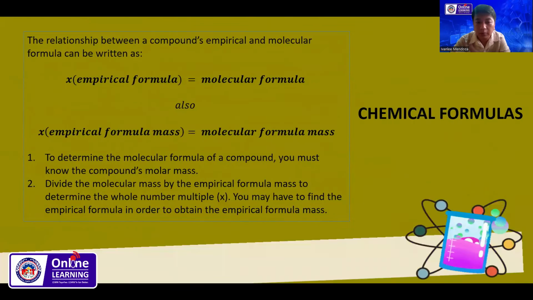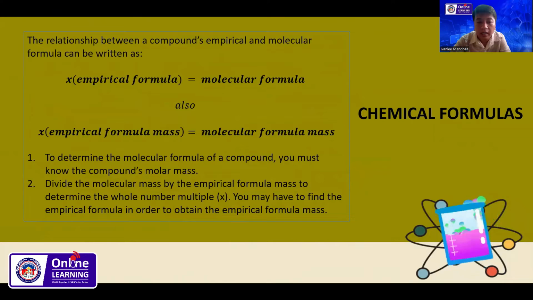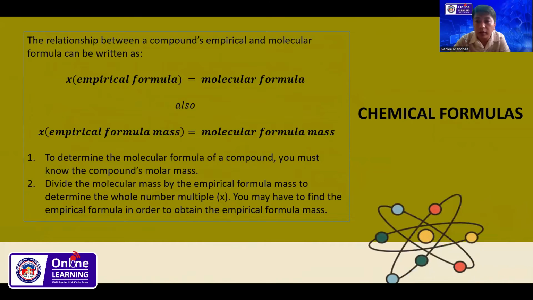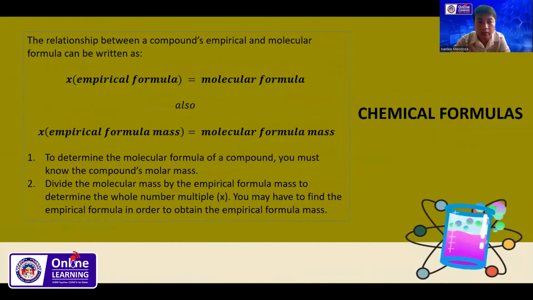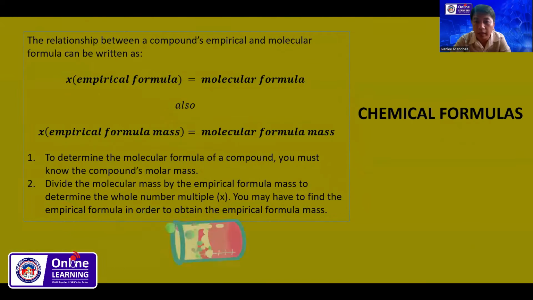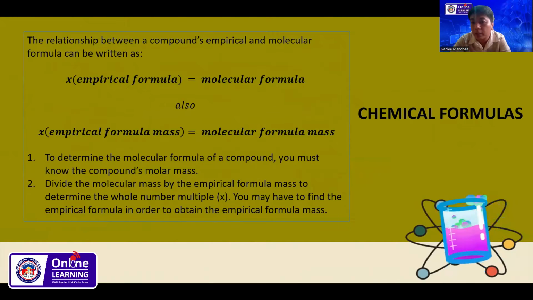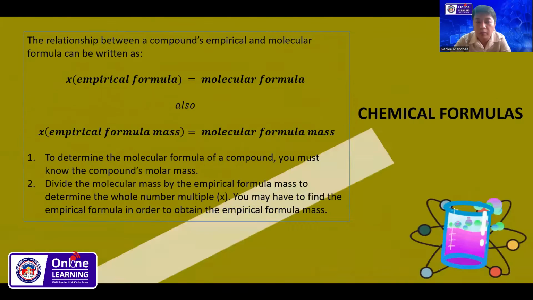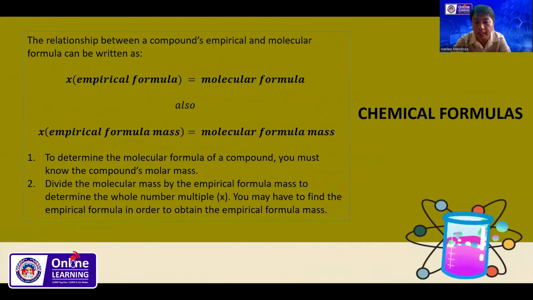So this X is the number wherein you can get the ratio. In the first formula, we can solve X by X equals molecular formula divided by empirical formula. In the other formula, we can solve X by dividing molecular formula mass by empirical formula mass.